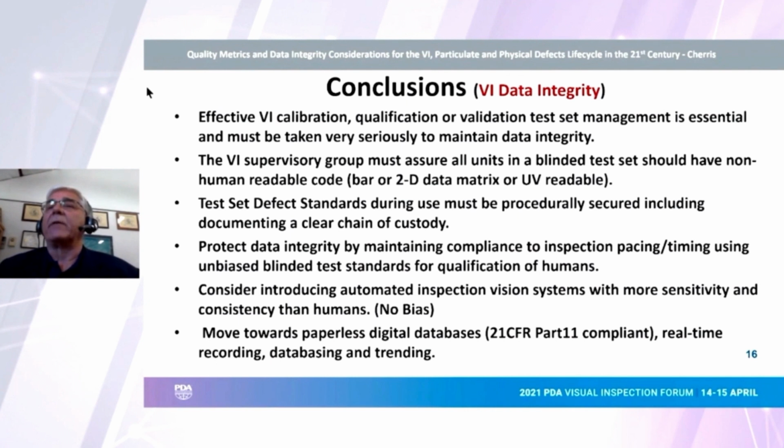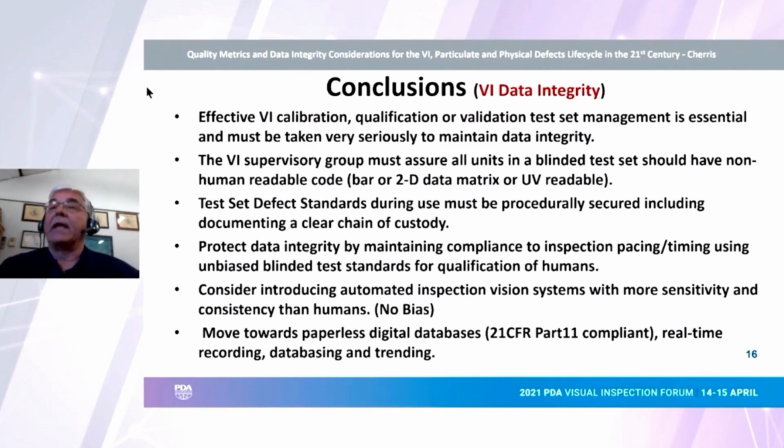Protect your data integrity by maintaining compliance to inspection pacing, timing, and unbiased blinded test standards for qualification of humans. Consider introducing more automated vision systems with more sensitivity and consistency than humans. They don't have bias. Move towards paperless digital databases that are 21 CFR Part 11 compliant for real-time recording, databasing, and trending.